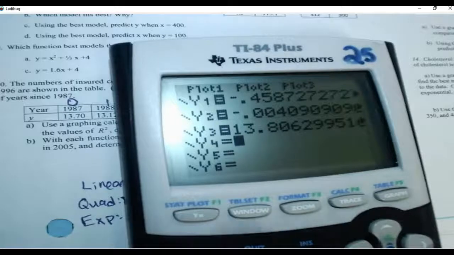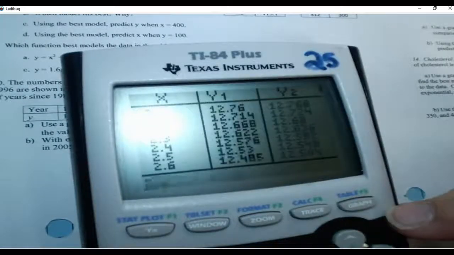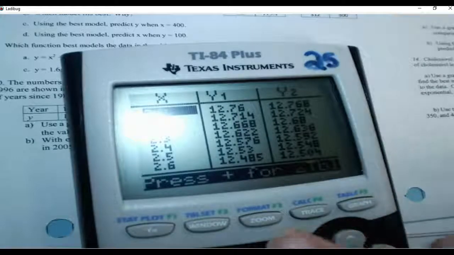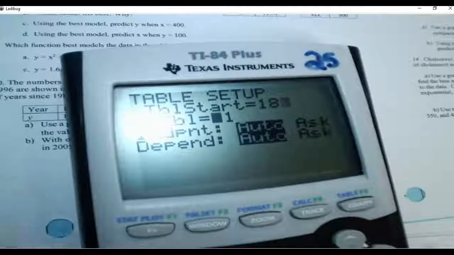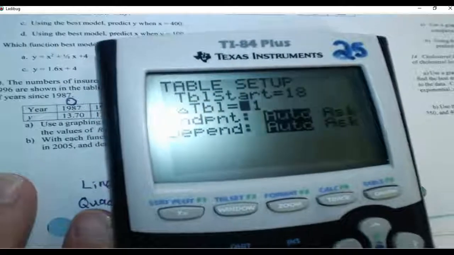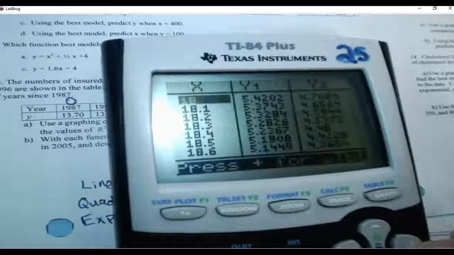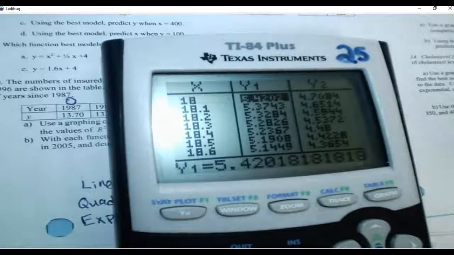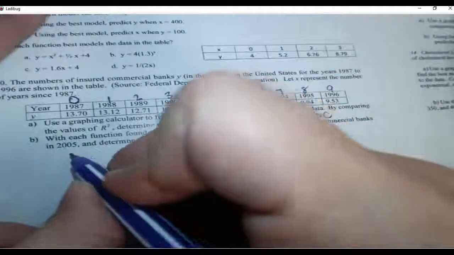Okay? So if I'm going to my table, so second graph, I'm looking at 18. Well, I'm at 2, so I'm going to hit second window, and I'm going to go to 18. And then I'm going to go again second graph. And so y1, that was our linear. So our linear model would predict 5.4.